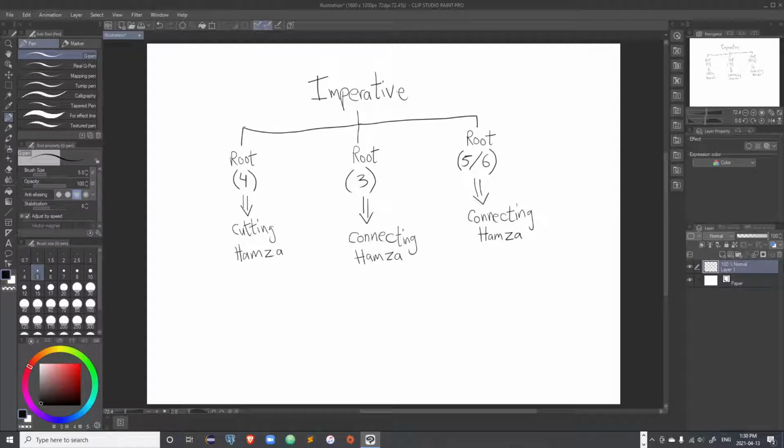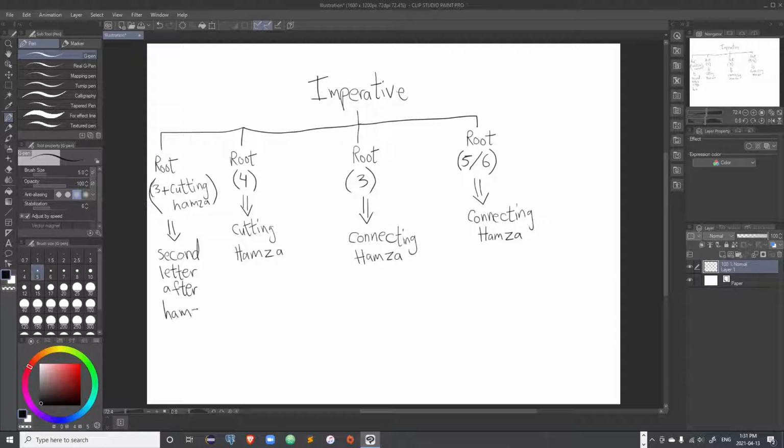However, if the root of the word is 3 letters, but as part of the root, it is not an additional letter, if the word has a cutting hamza, so if it is part of the main root of the word, not an additional letter, as for example in conjugation, if it is part of the main root, the imperative form starts with the second letter after the hamza.